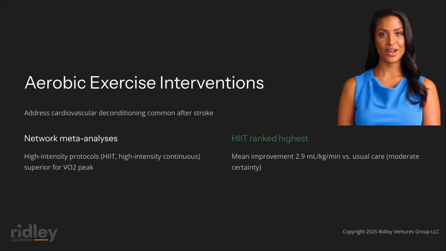The feasibility of high-intensity aerobic training for stroke survivors has been established in multiple studies demonstrating acceptable safety profiles when implemented with appropriate screening, monitoring, and progression protocols. Contraindications to high-intensity exercise, including unstable cardiac conditions, uncontrolled hypertension, and certain cerebrovascular pathologies, must be systematically assessed before initiating intensive aerobic programs.